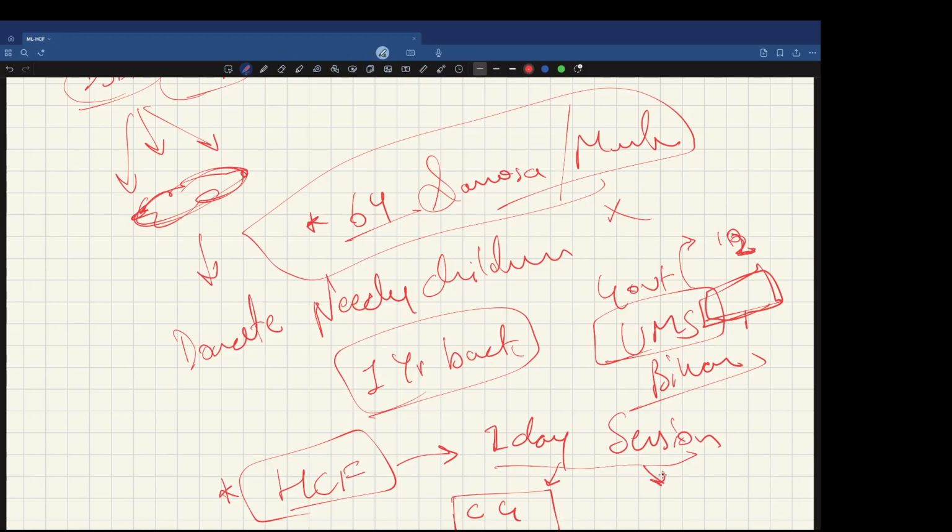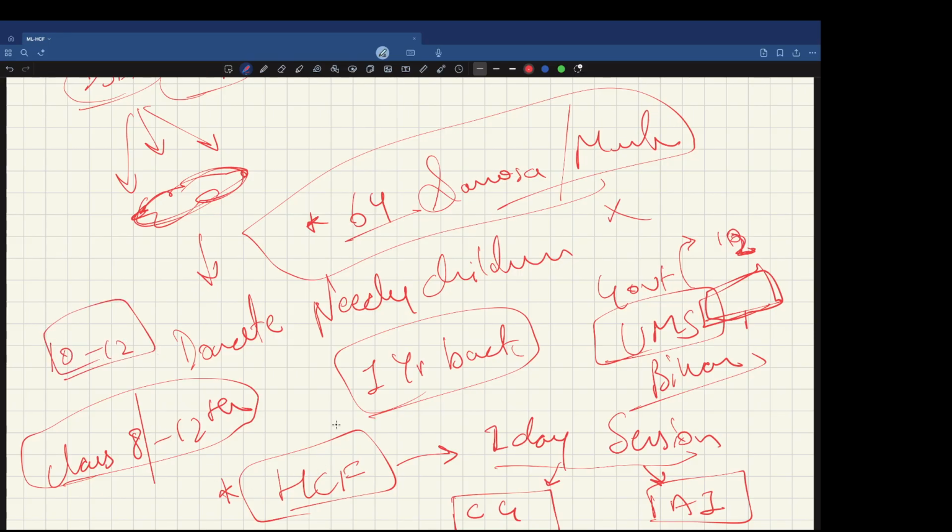Another topic, AI, how they can go into the AI field. Mostly the students will be from class 8 to 12. We'll try, if teachers know better, which students are capable of this. If they give us students from 10 to 12, fine. On that day, the 64 samosas, whatever we want to give, will be given. I think career guidance is the most important thing. If they get it right, their career will be streamlined and proper. This is what we have thought of.